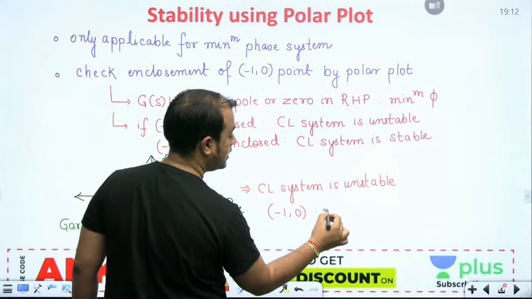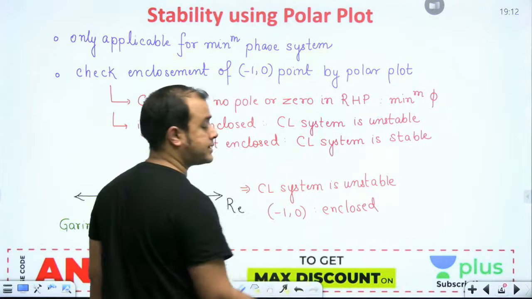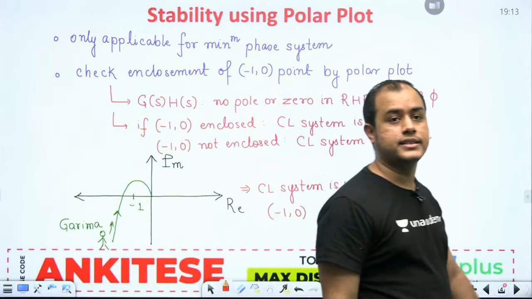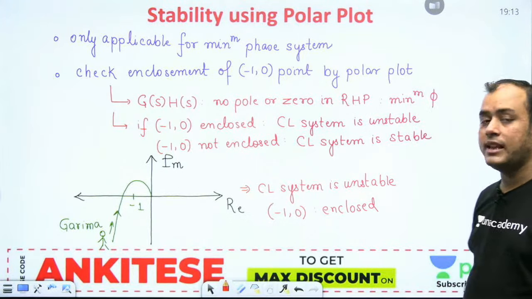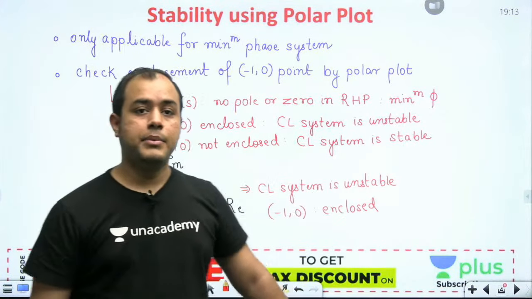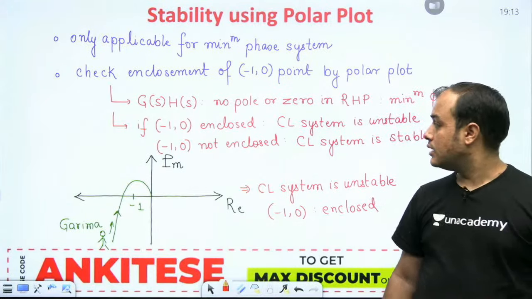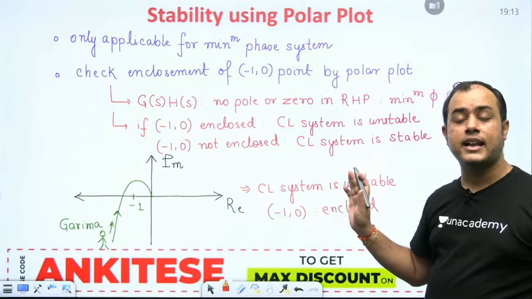But my friend, remember, this is only applicable if G(s)H(s) is minimum phase. Is that clear, this stability criteria?